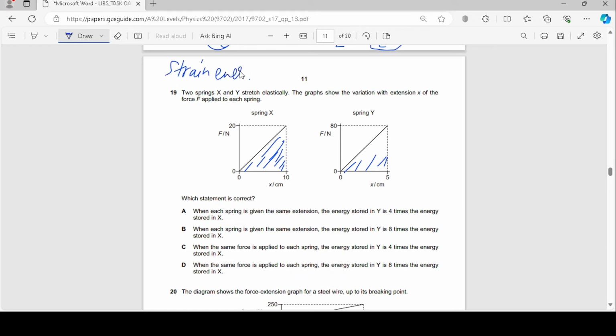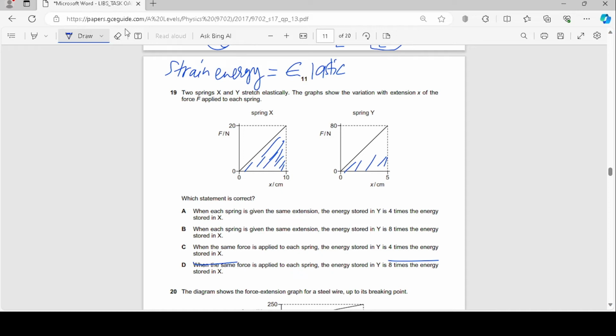You could also say the energy stored, the elastic energy, elastic potential energy, work done by the spring to release the energy. So it's the energy stored inside the spring.